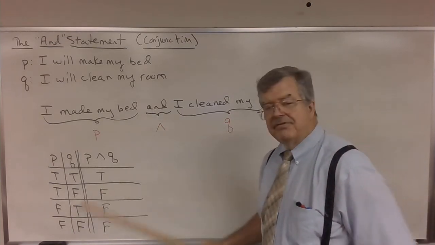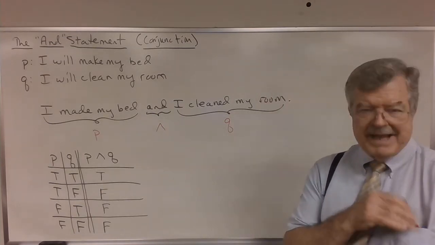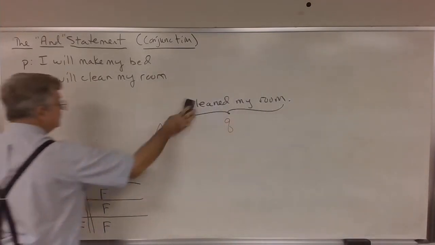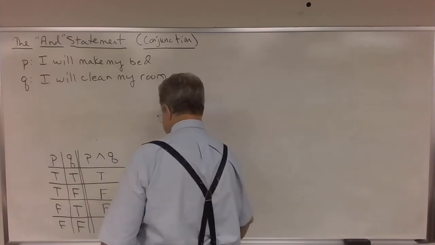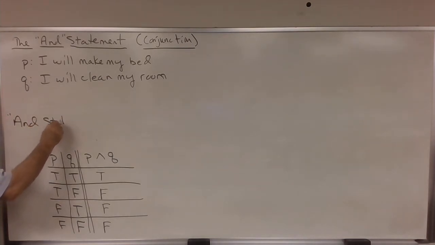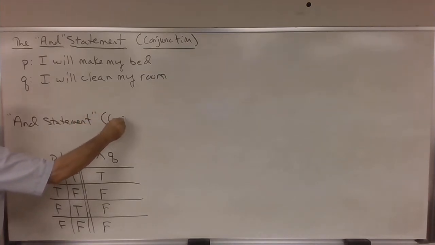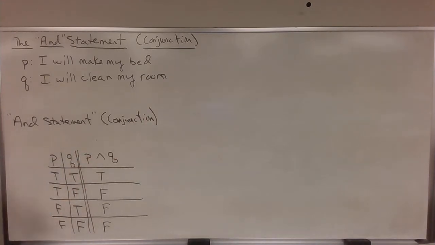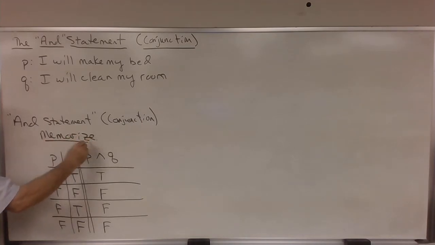Now, this is the truth table for an and statement, something that we call a conjunction. And we need to know this truth table.